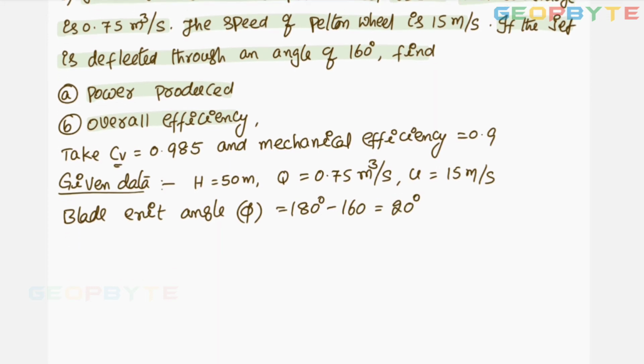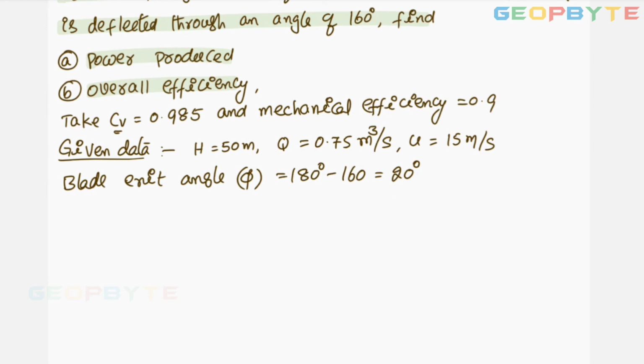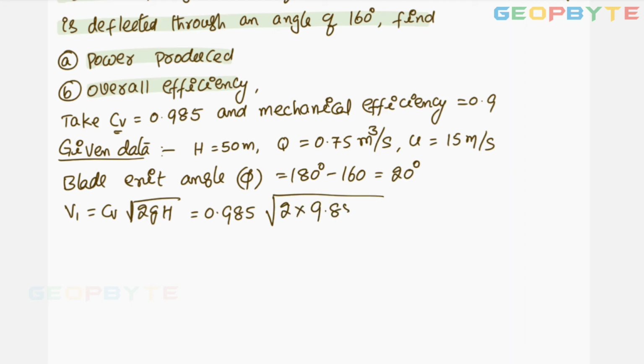Okay. So now first we need V1 equal to CV into root 2GH. CV is 0.985 into root 2 into G 9.81 into H is 50. Simplify this value for getting 30.85 meter per second.